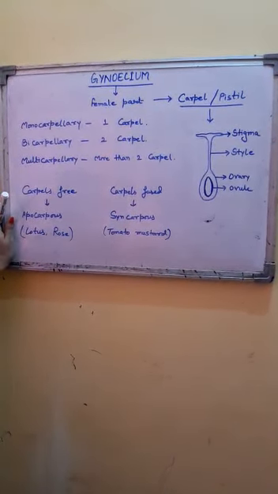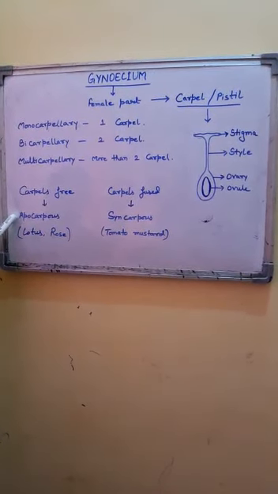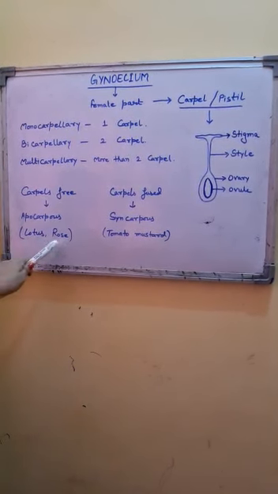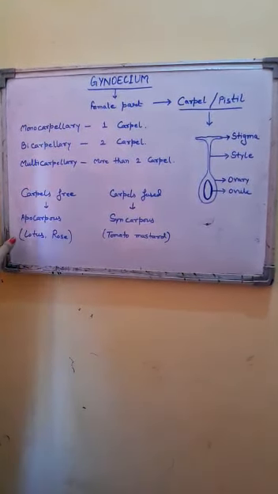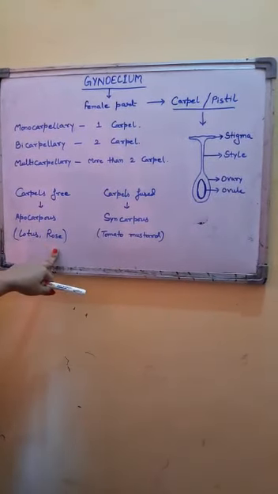Such a condition is called apocarpous. Examples of apocarpous ovary are lotus and rose. Here many carpels are present and each carpel is distinct from the others.